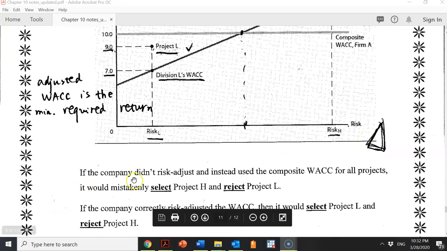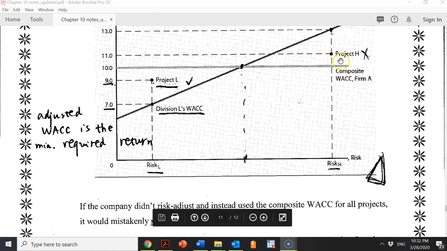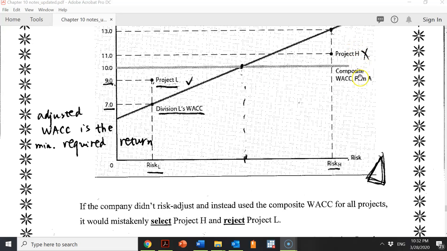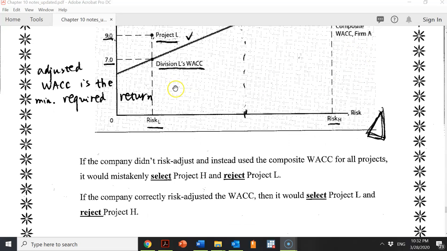Okay, so if the company didn't risk adjust and instead used the composite WACC for all projects, it would mistakenly select project H and reject L, because H is above the composite line and L is below the composite line.